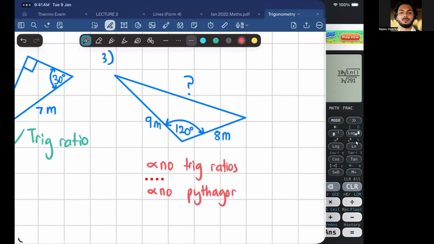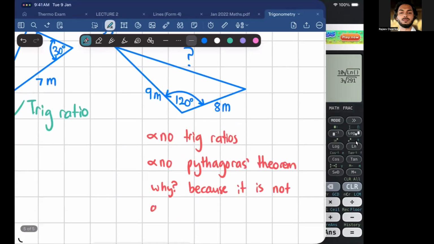Because it's not a right angle triangle. Yeah, exactly. It's not a right angle triangle.